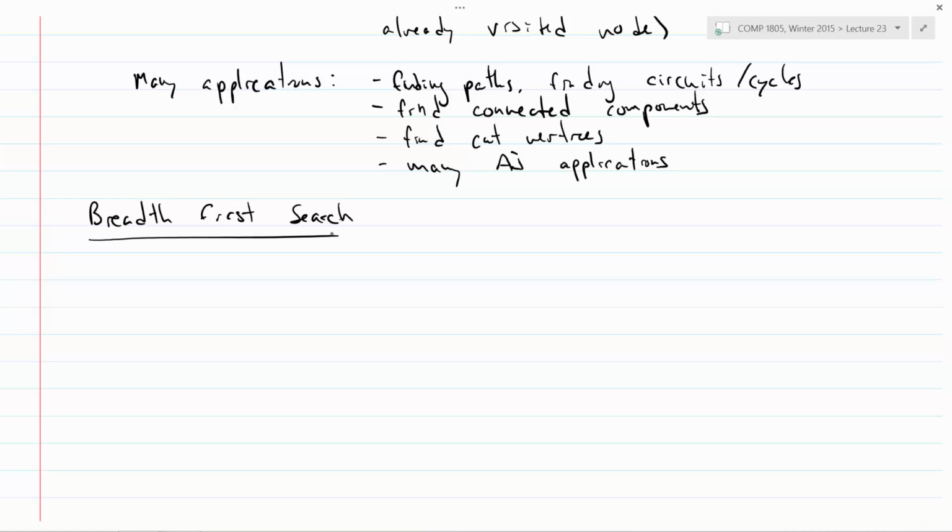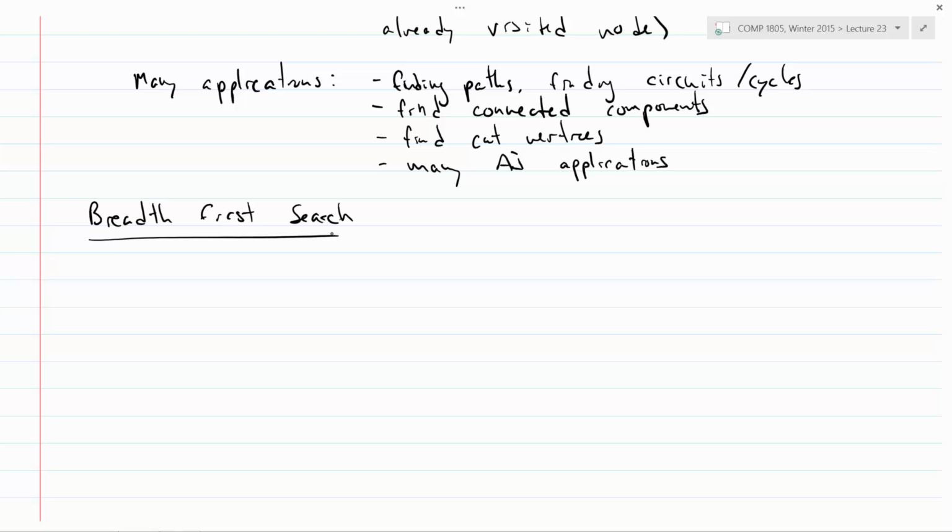You always move to something you haven't seen before. Breadth first search says spread out evenly as your search continues. These are two opposing ideas. Depth first search says move as far away as you can from your starting point until you get stuck and then backtrack. Breadth first search says move gradually away from your starting point until you reach the boundary of the world.